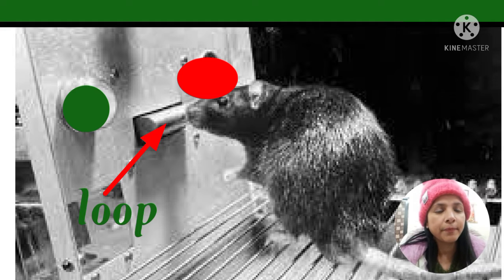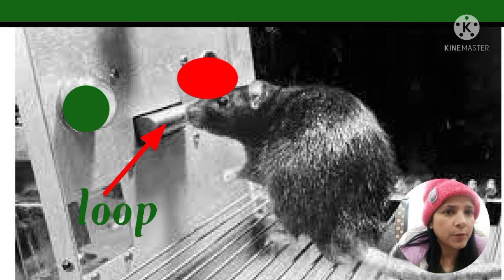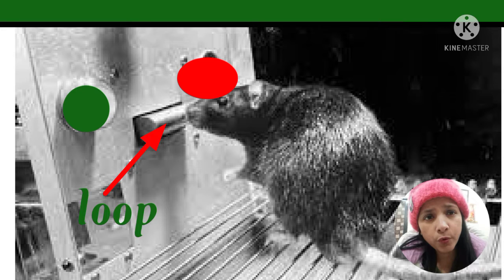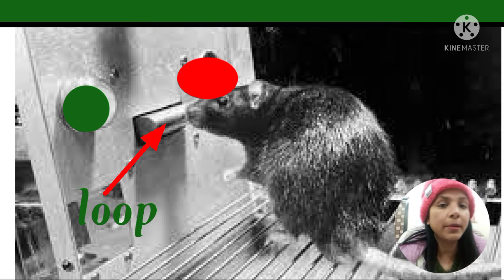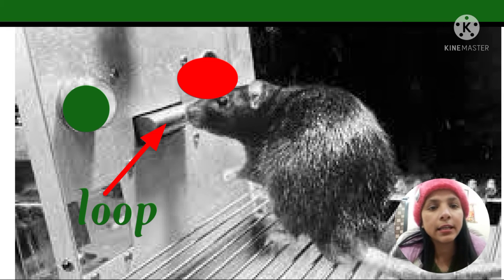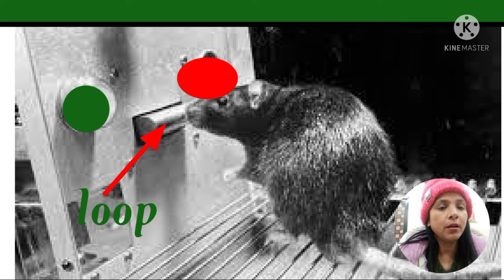This way, after making errors, he finally learned the difference between the green button and the red button. So this was the experiment that Skinner did on the rat.